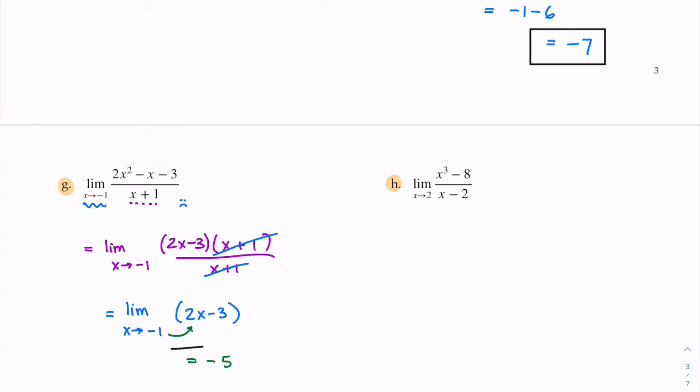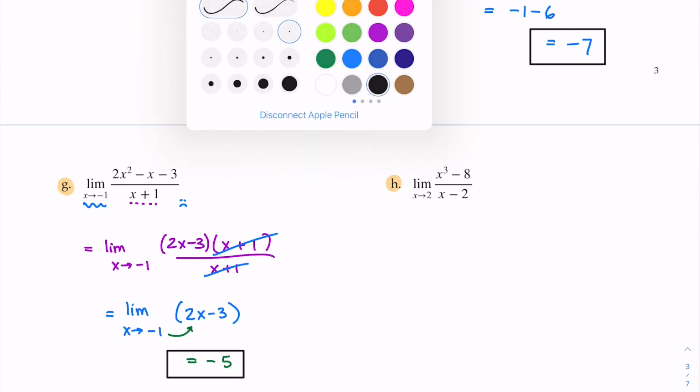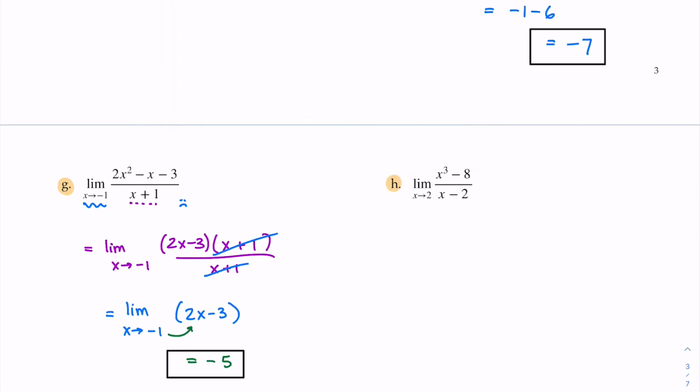And if skipping that step of plugging in that -1 is a little much for you, you could always, of course, go back and show the steps of plugging in the -1. But the people who are grading the AP test are perfectly happy with this kind of work shown here. The thing they will care the most about, or at least as much about, is continuing to write this limit expression until you plug in that value.